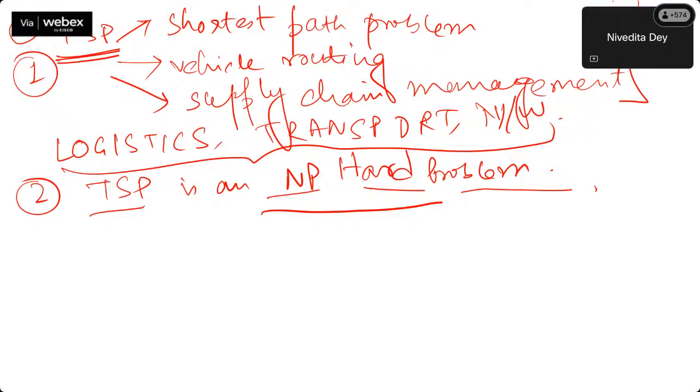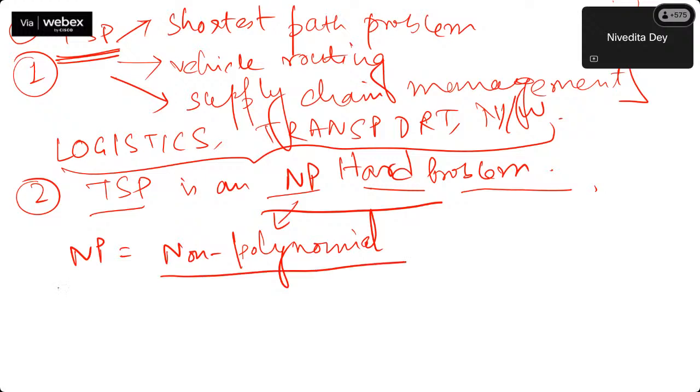So, what is NP? Is it non-polynomial? NP, non-polynomial. Is it the case? The answer is a big no. NP does not stand for non-polynomial.